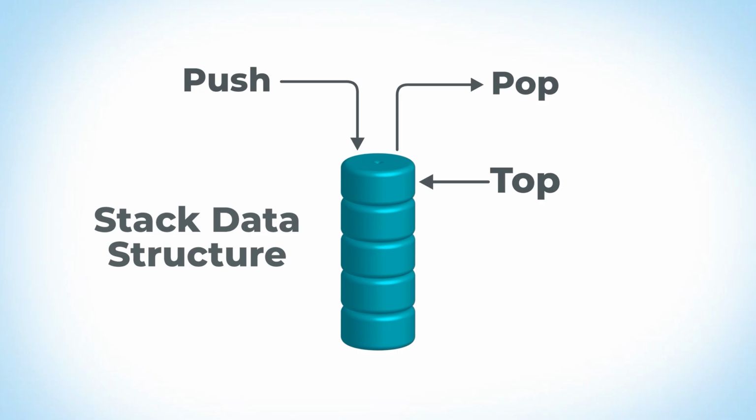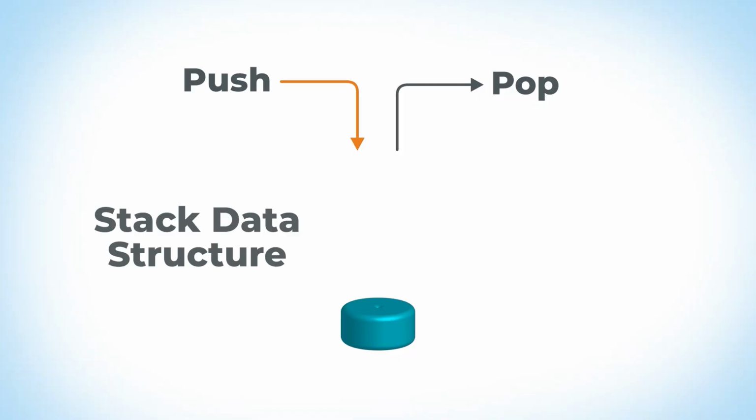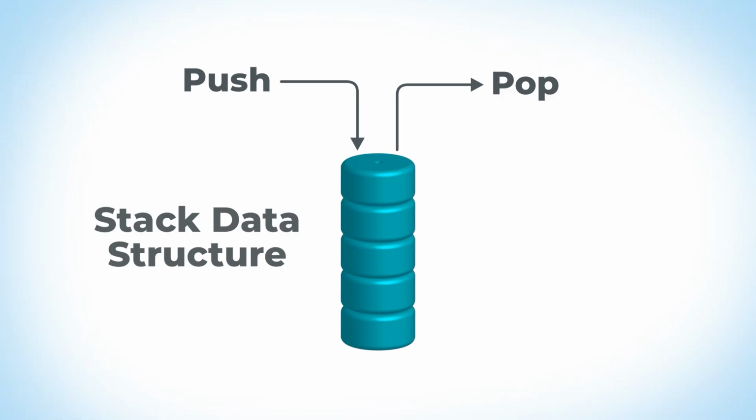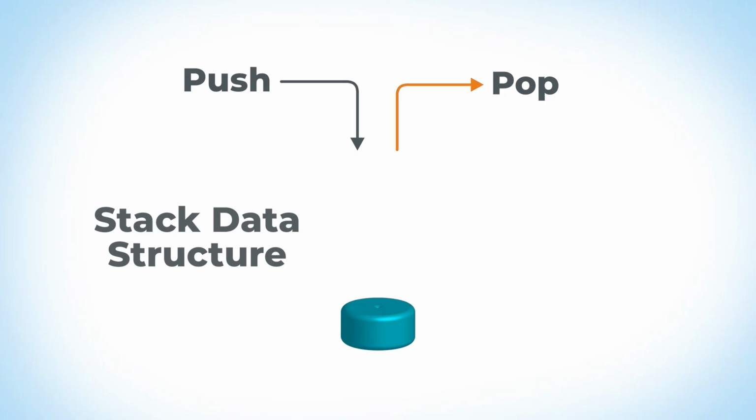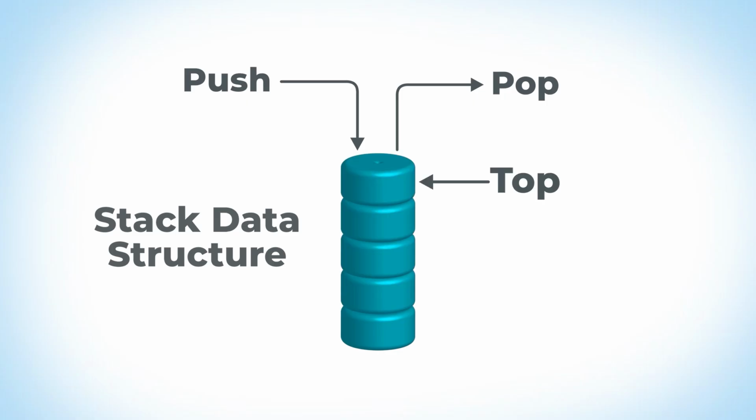One end is open and the other is closed, so whatever you want to insert into the stack, you insert from the upper end only, and whenever you want to remove an element, it is also removed from that end only.